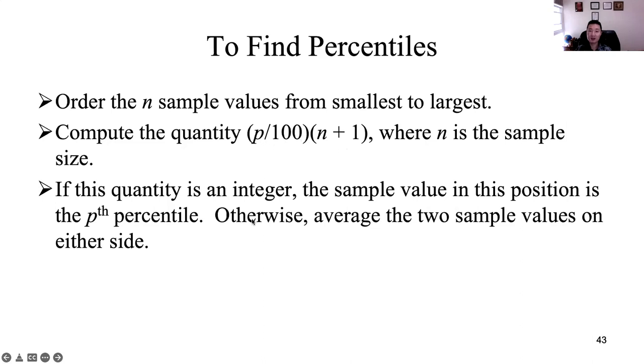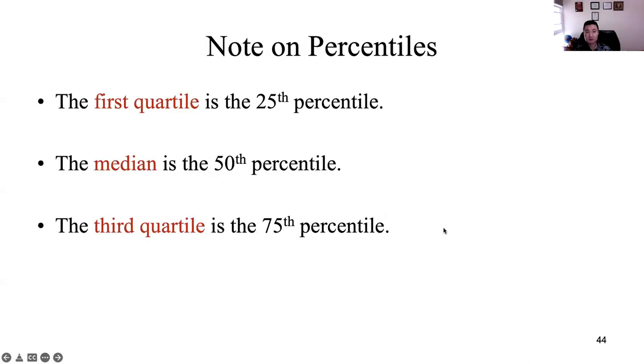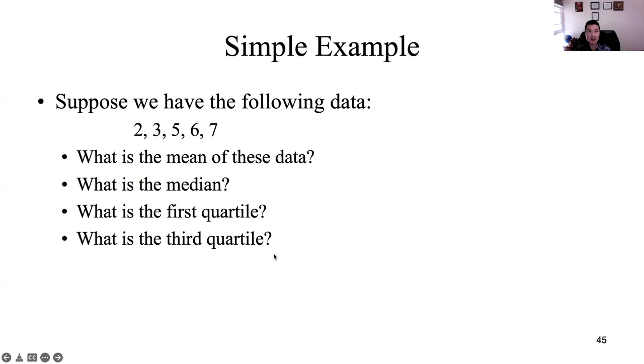Again, if this quantity is an integer, we just use the sample value in this position. If not, we take the average of the 2 samples on either side. Same idea. And of course, the first quartile is the 25th percentile, the median is the 50th percentile, and the third quartile is the 75th percentile. Very easy to understand, a simple calculation.